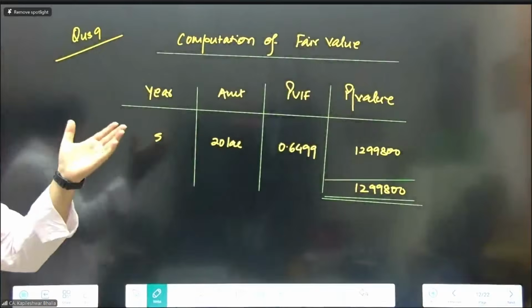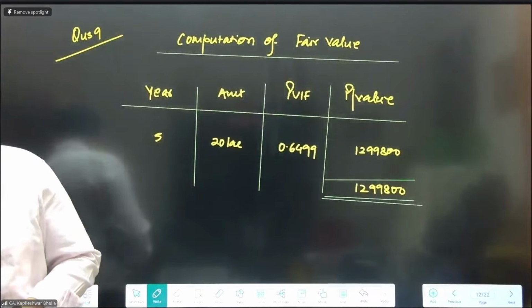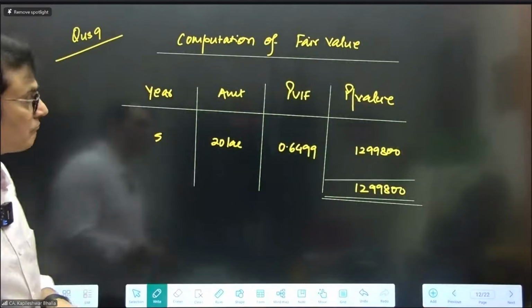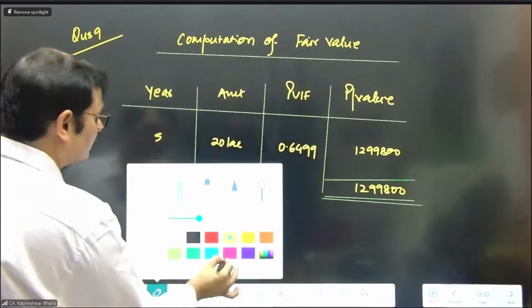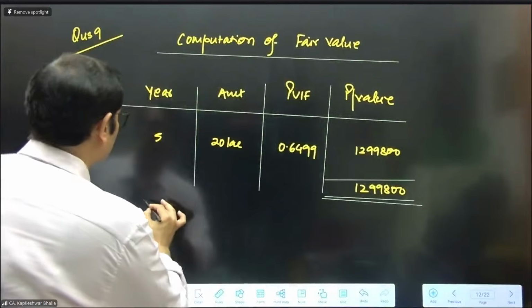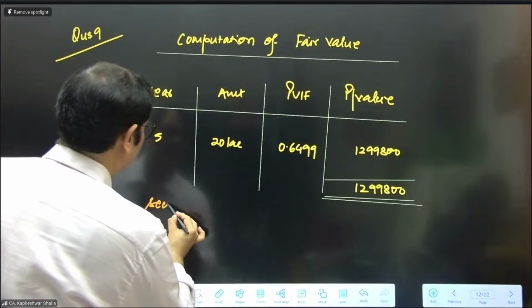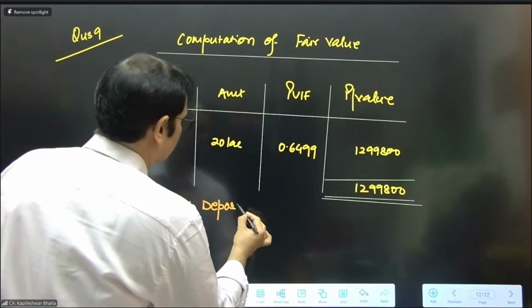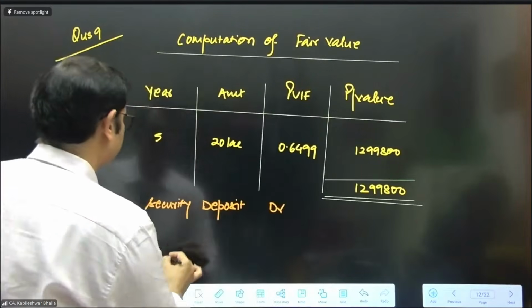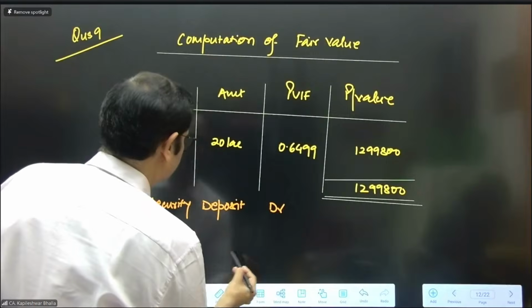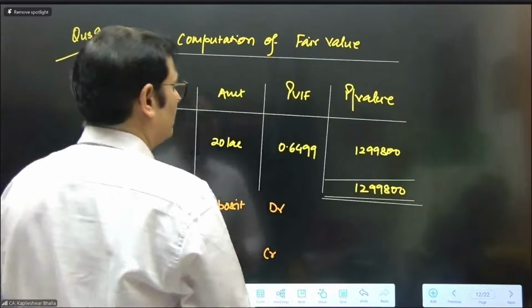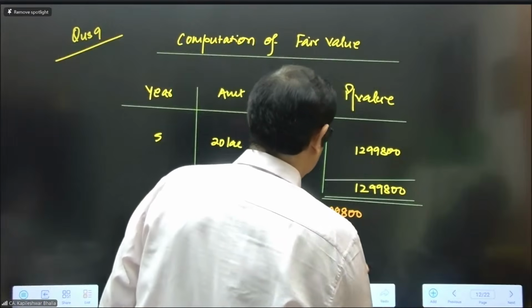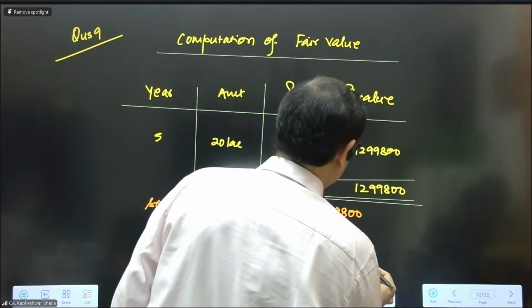I think we can now simply look at the entry in the books of accounts of the lessee. He is going to first put the entry: security deposit gets a debit, bank gets a credit. The deposit will be captured at 12,99,800 and the deposit made is 20 lakhs.